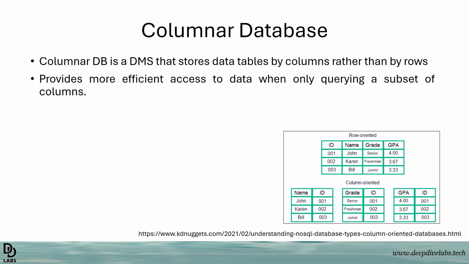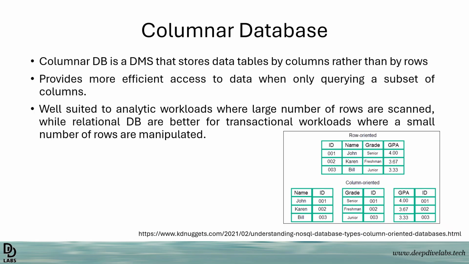When you are looking to analyze only a particular column, columnar databases are super fast. So if you are doing analysis on, let's say, the GPA value here, then you want to look at a columnar database.